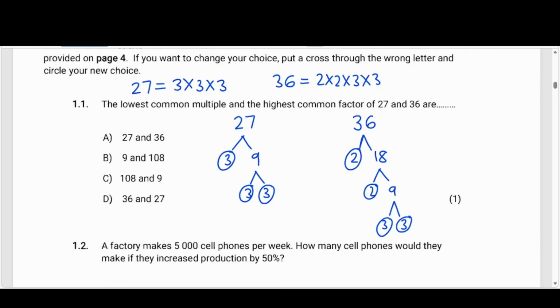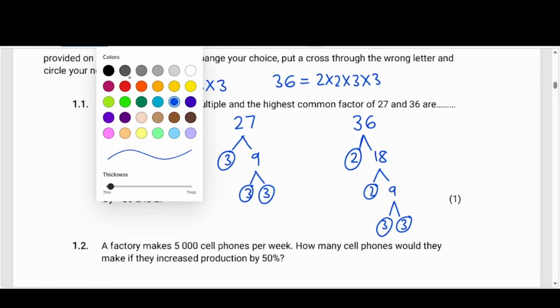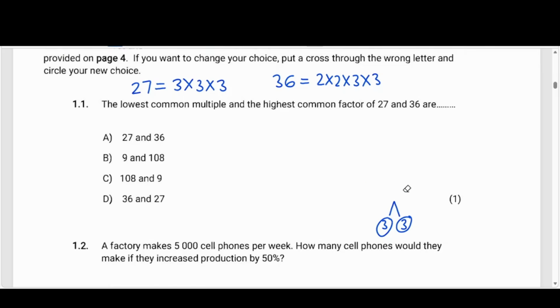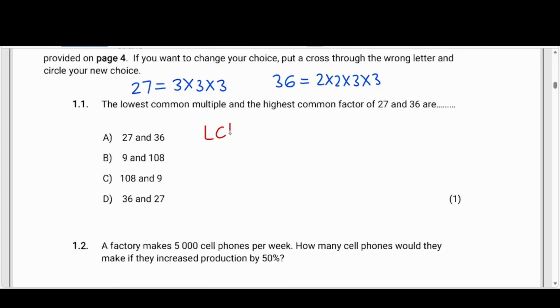And then the really straightforward method for getting your LCM and your highest common factor. Let's just get some space here. Okay, lowest common multiple. What you do is you're going to take the factors like this.